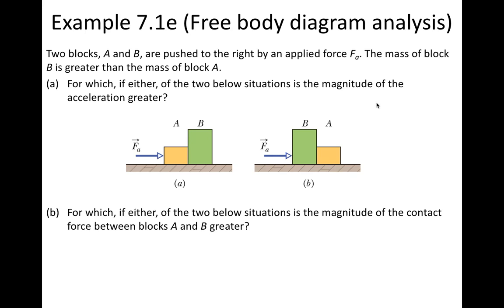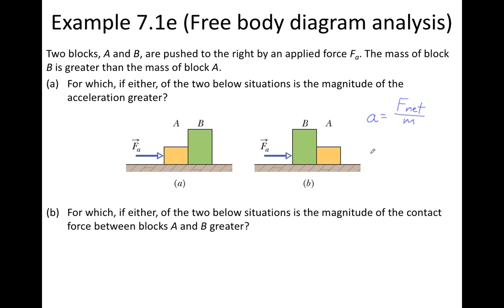The important thing to realize is that the applied force, which is the same in either scenario, is the external force. And so if we take Newton's second law, the acceleration is the net force divided by the mass.